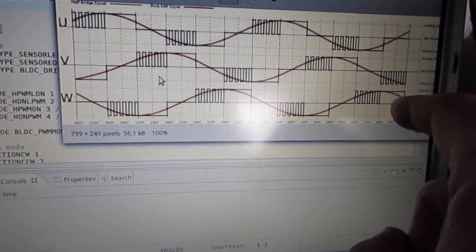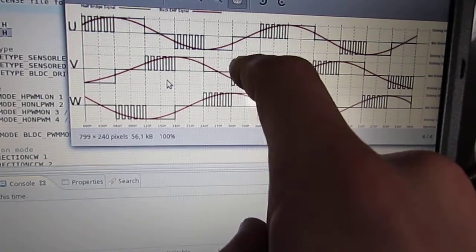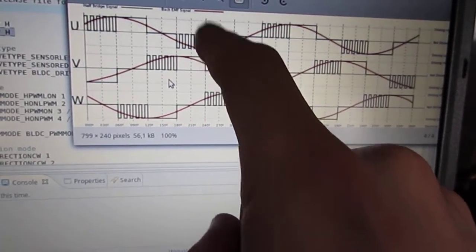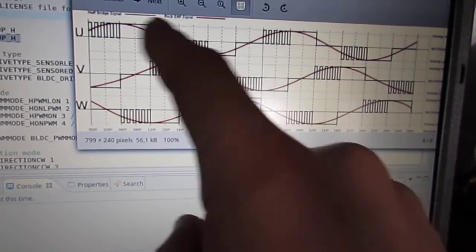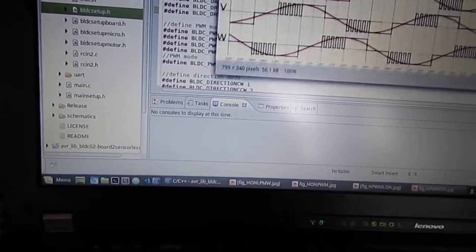The low side is the inversion of the high side, so it works like the high side but in an inverted way.